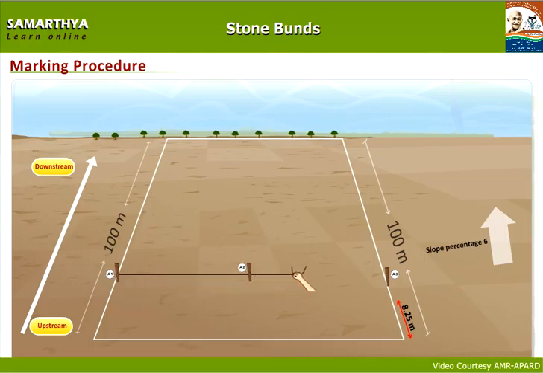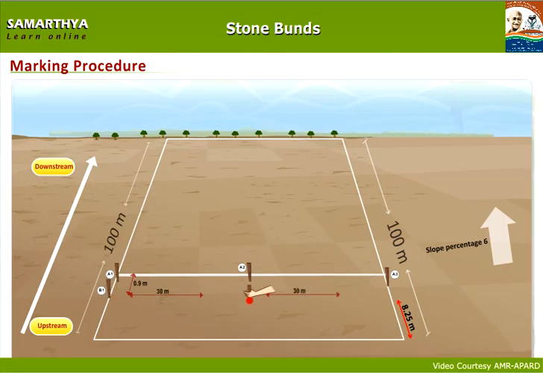Since the bottom width of the stone bunt is 0.9 meters, draw another parallel line before it at a distance of 0.9 meters. To draw this at a distance of 0.9 meters from the contour line, with a spacing of 30 meters, make 3 wooden pegs at B1, B2 and B3.